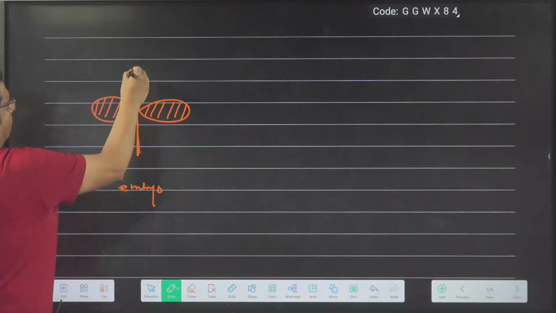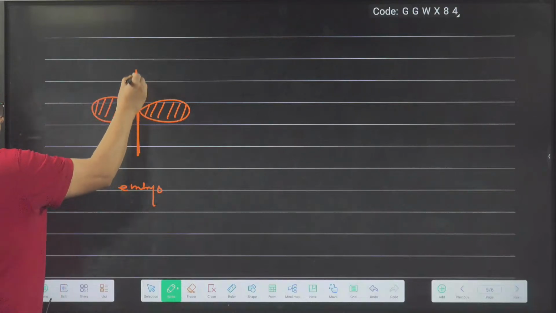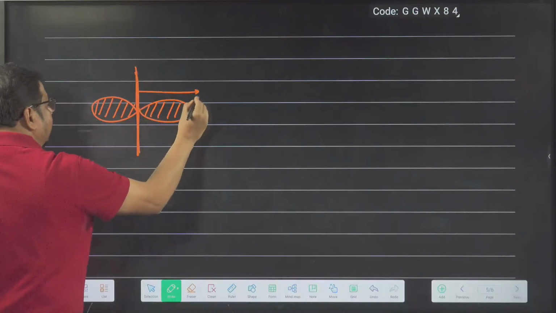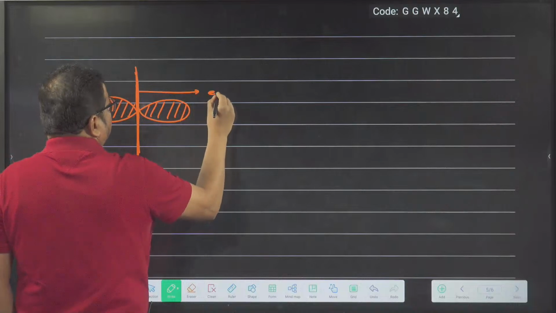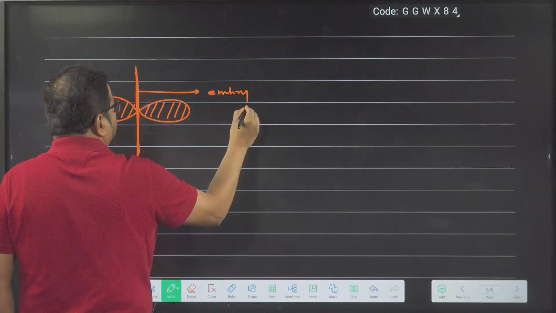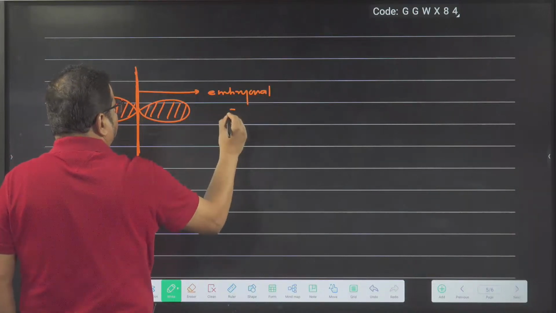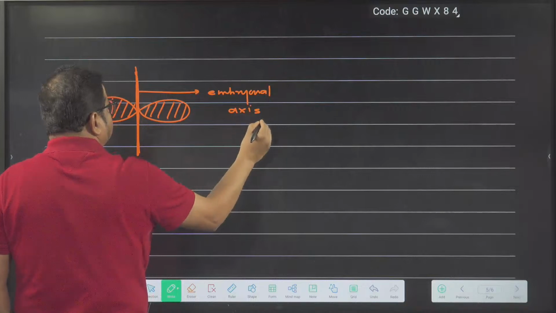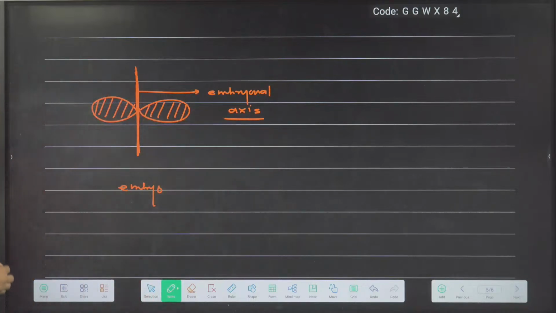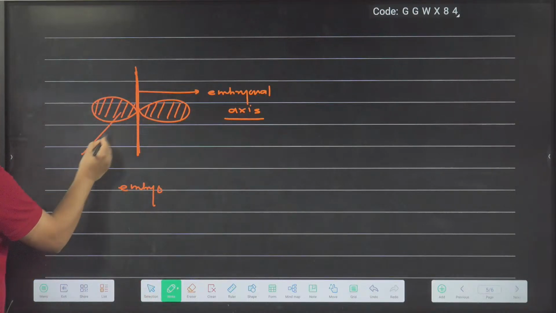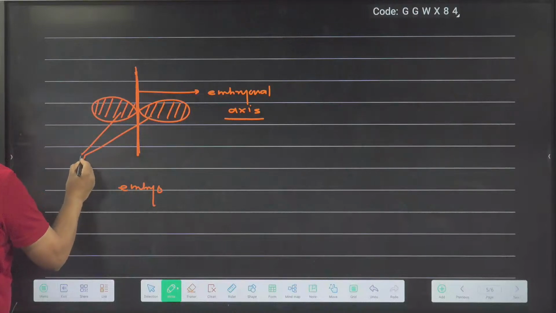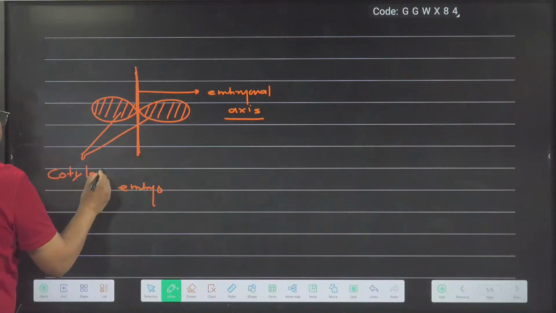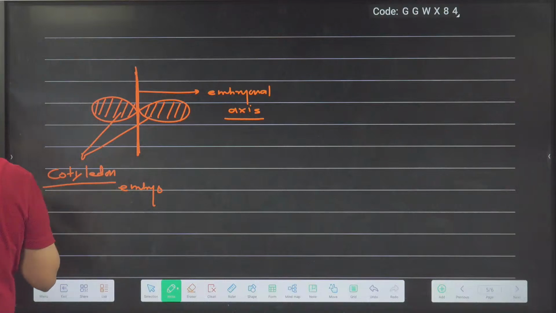This long thread-like structure is the embryonal axis, and this structure is the cotyledon. Just a moment.